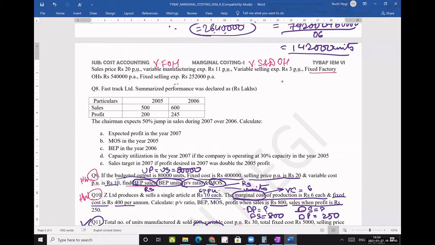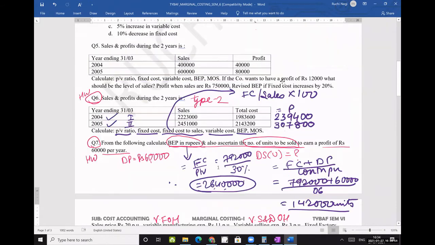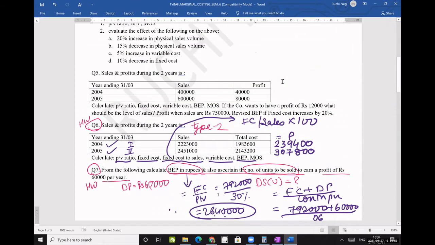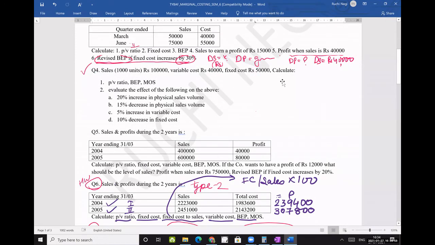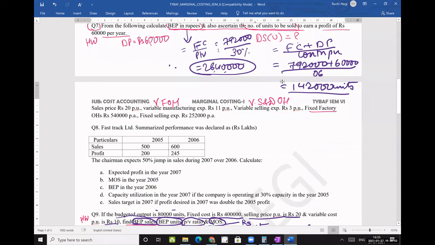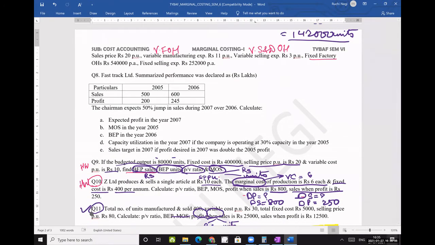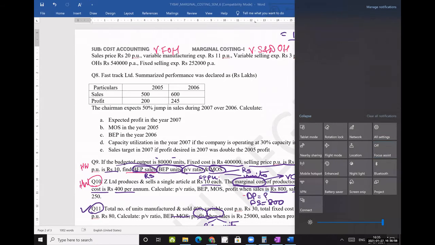Now look at this question number 8. See how slightly different it is from the rest of the sums that I have picked up. Okay.